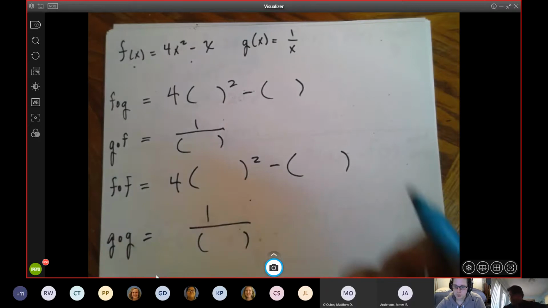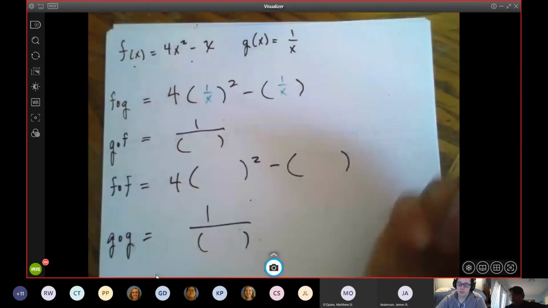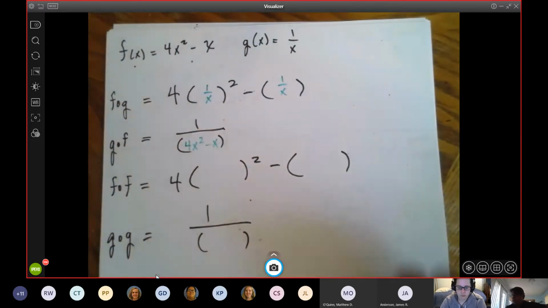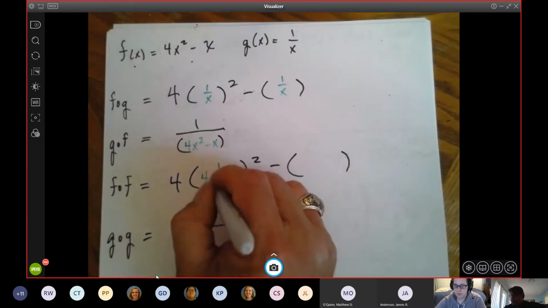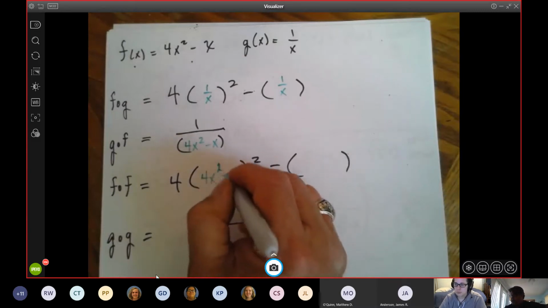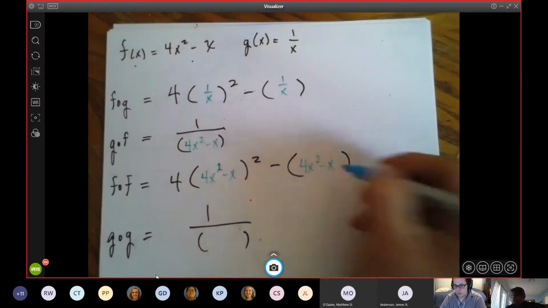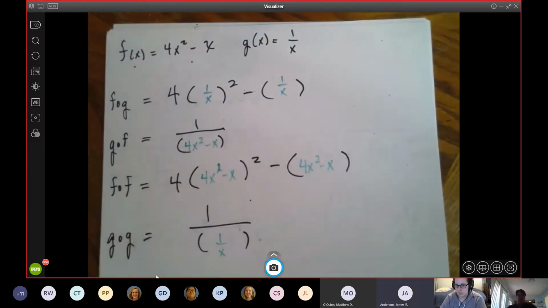Here we're going to plug in 1 over x. Here we're going to plug in 4x squared minus x. Here we're going to plug in 4x squared minus x. And here we're going to plug in 1 over x. All right, do the algebra.